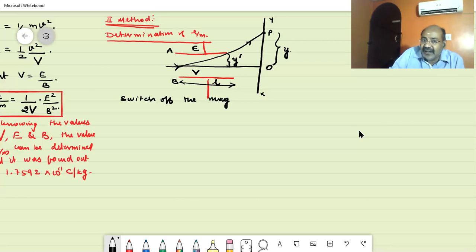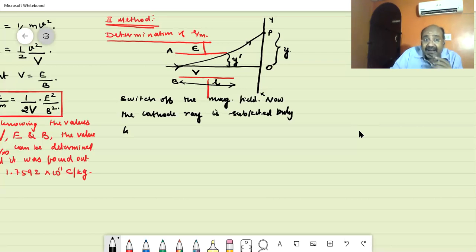Now the cathode ray, or the beam of electron, is subjected only to the electric field.